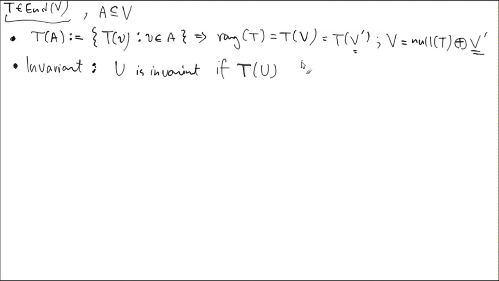Back inside U, right? So it has to be inside U like this. Isn't that nice? That's a notation. If U doesn't escape under T, and goes back inside U, that's exactly what I mean by invariant, right? Okay. Any question?